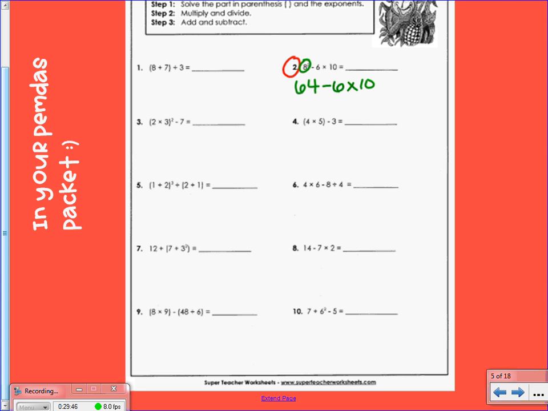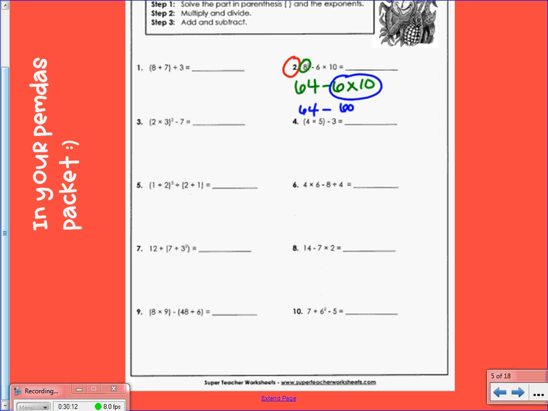Okay, do we have any more exponents we need to fix? No. So what do we look for next? Multiplication or division, do I have any? Yes, I do. Right here, 6 times 10 is 60. You have to rewrite everything else.